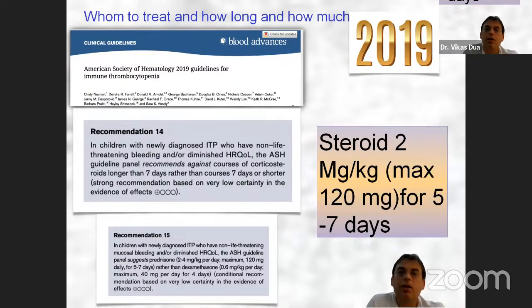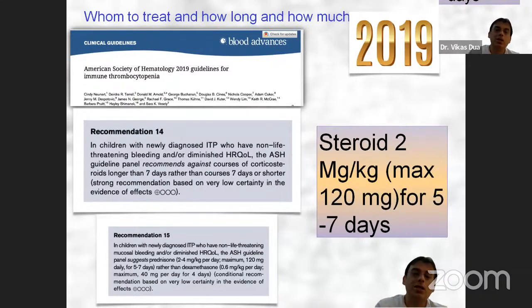But ASH clearly states in their recommendation 2 milligram per kg with a maximum capping of 120 milligram. What does this simply mean? Let's say you have a 16-year-old boy whose weight is 80 kgs. That would not mean that you will give 160 milligram, 2 milligram per kg into 80.